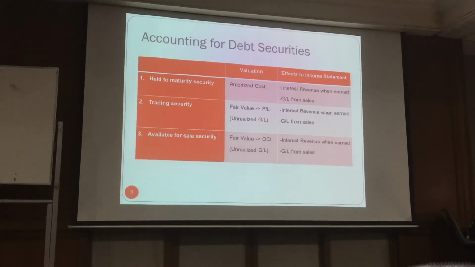So now the question is, cash received compared to interest revenue, which one is greater? Interest revenue is recorded when you get the coupon: you debit cash, credit interest revenue based on the coupon rate. And you have another entry to adjust the investment to the revenue.